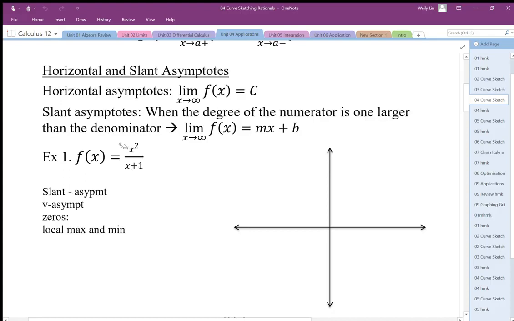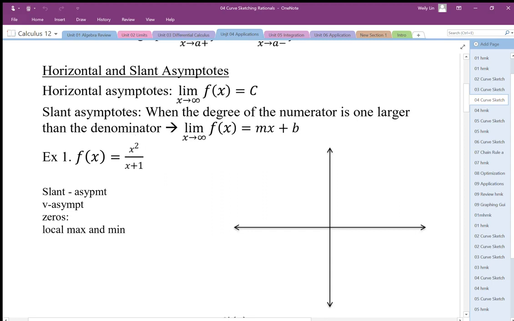For example, if you had x cubed over x, we would have a difference of x squared, and that would mean you would have a quadratic asymptote. That's not the case here because we have a squared over linear, so the difference is 1, so we should have a linear slant asymptote, because when we divide this we should end up with a linear quotient.